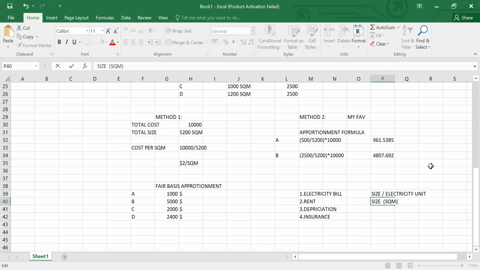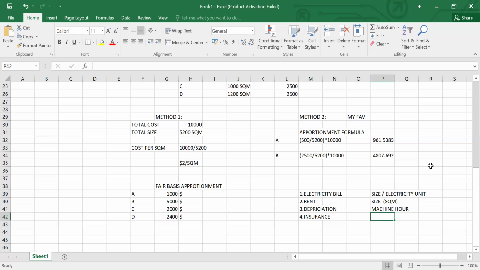Whenever they talk about depreciation, it is basically on the basis of machine hours. The more machine hours being used in a specific department, the more depreciation cost that department will bear.